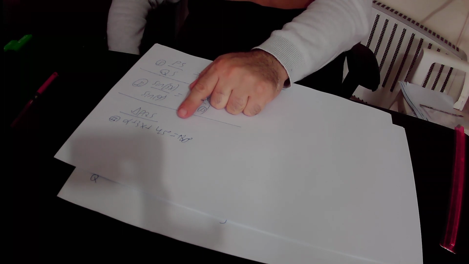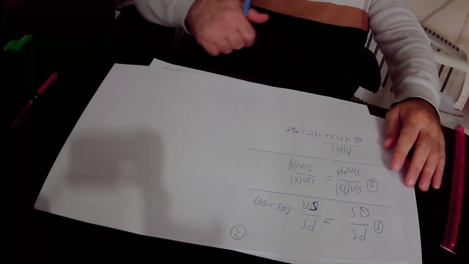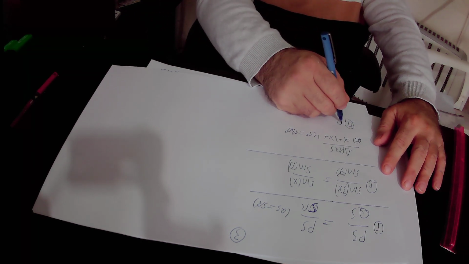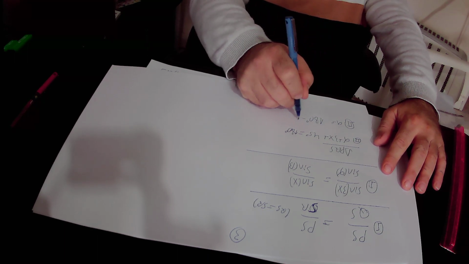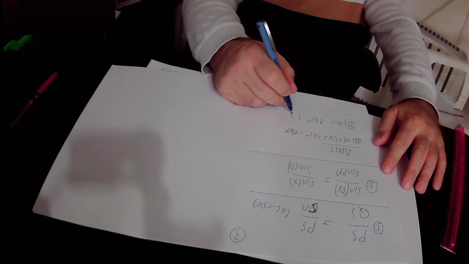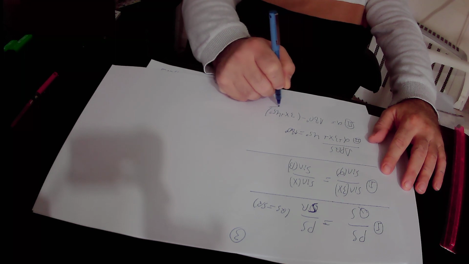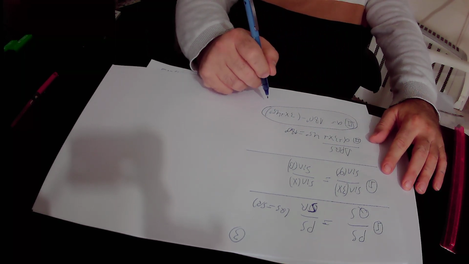Here we will subtract from equation number 2, 45 degrees and also 3x, and we will get that angle alpha will be equal to 180 degrees minus (3x plus 45 degrees). Okay, so we actually found out the value of angle alpha in terms of x.